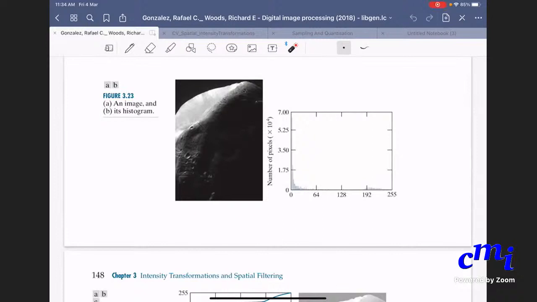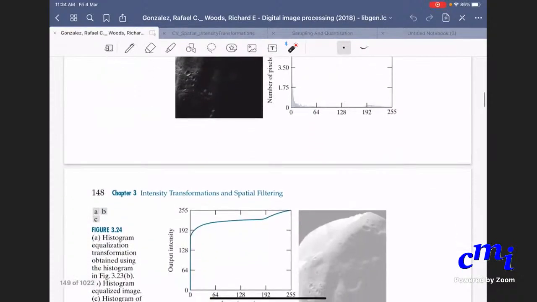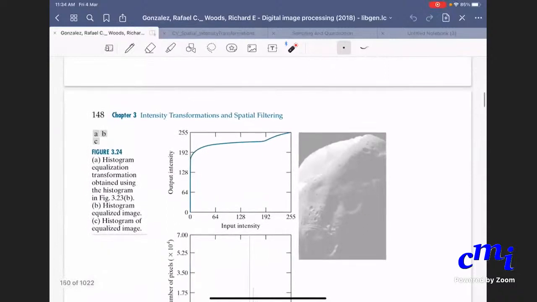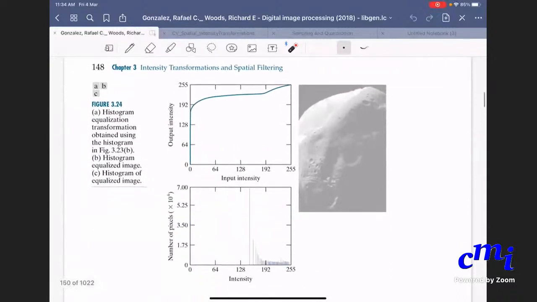So clearly this is a very dark image. Now if histogram equalization is done for this image, the result is this image.